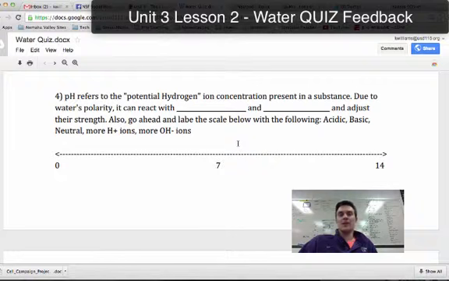We'll talk a little bit more about pH as we go over the next couple of units, but we're basically talking about the amount of hydrogen ions or hydroxide ions inside of a solution, inside of a liquid, inside of a material, and that gives us an indication on how reactive that material may be. Okay? How reactive it may be.